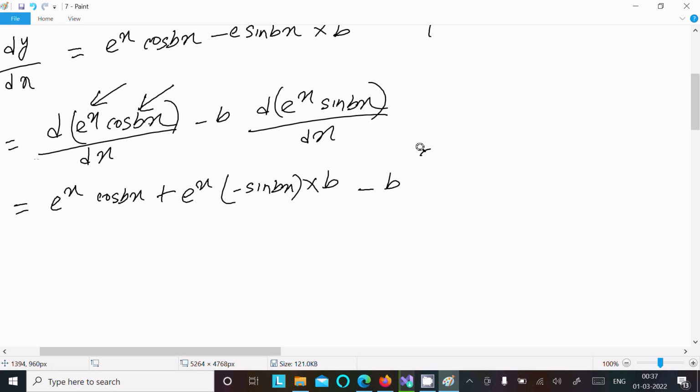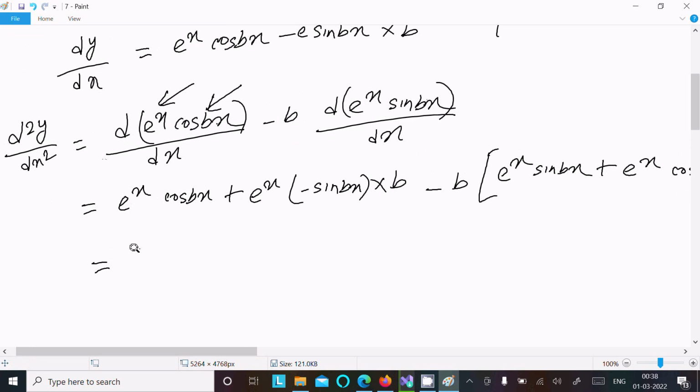The next is e power x differentiation, e power x, and sin bx. The next is e power x, and sin bx differentiation is cos bx, and bx differentiation is b.